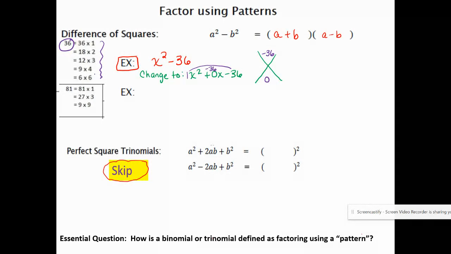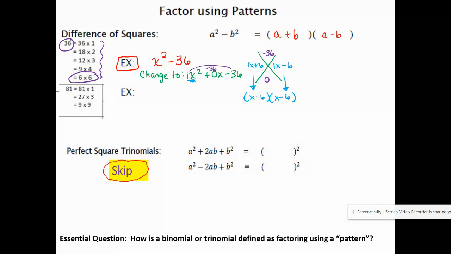Which would add or subtract to 0? Obviously, the answer is 6 and negative 6. So we put whatever the first term is, so 1x plus 6 and 1x minus 6. And there's our answer, because 6 minus 6 is 0, and 6 times negative 6 is negative 36. So our final answer is x plus 6 and x minus 6.